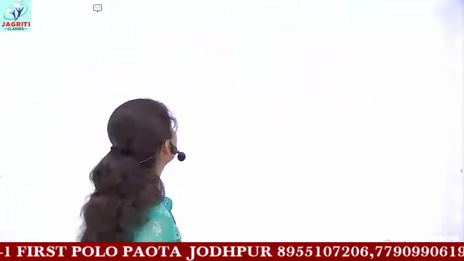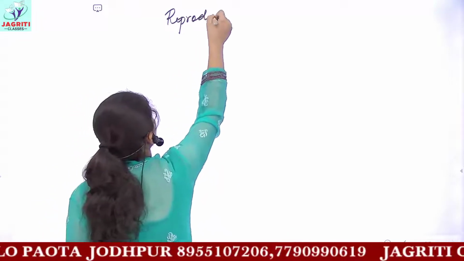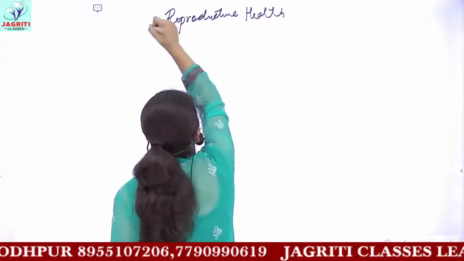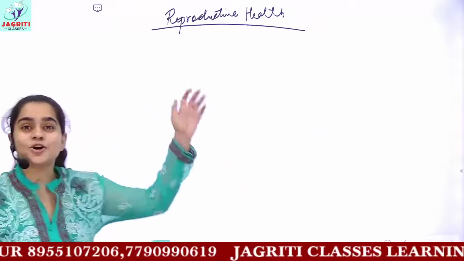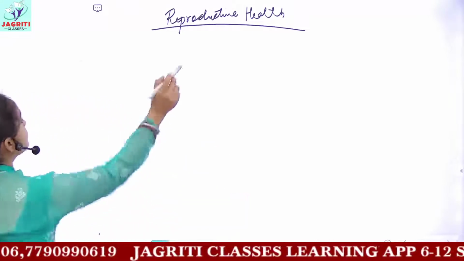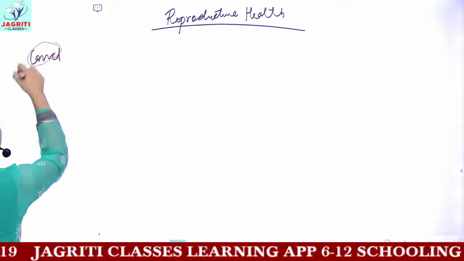So now the last topic which we have to discuss is reproductive health. So this is the last topic of the chapter, reproductive health. In this we will be discussing some important points, that is contraception methods.